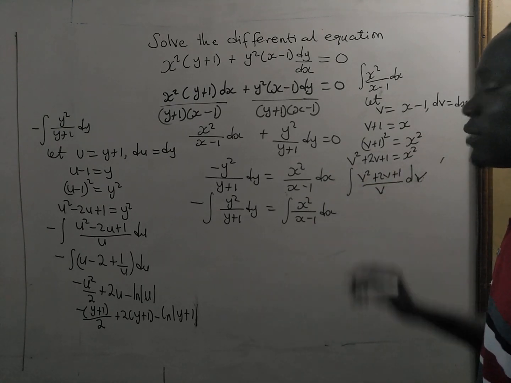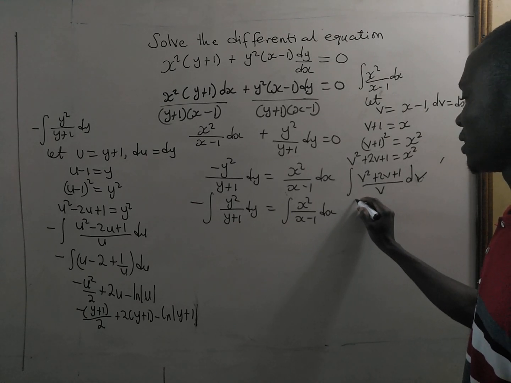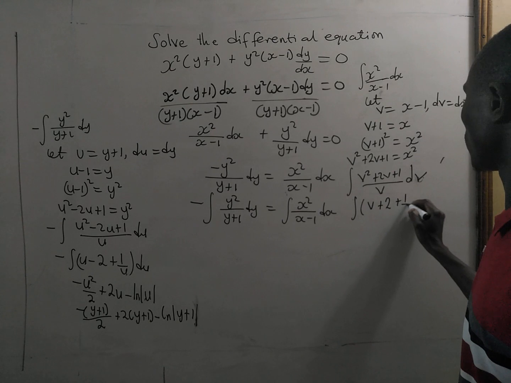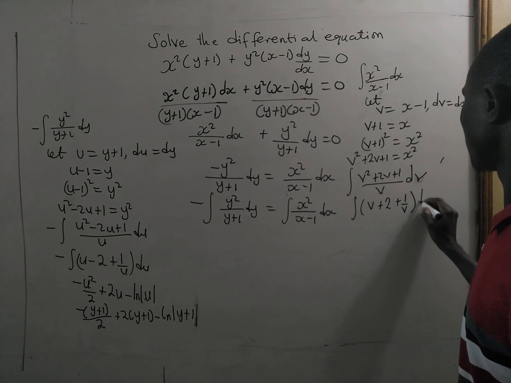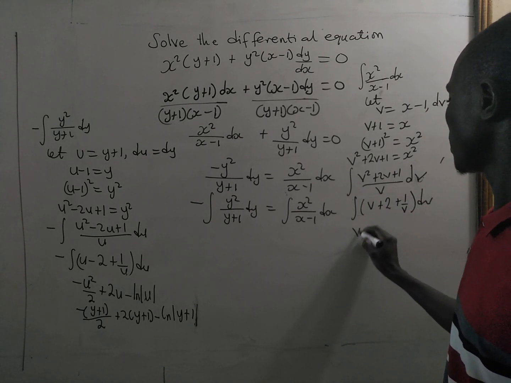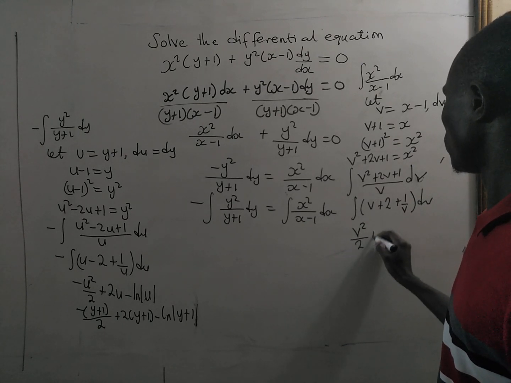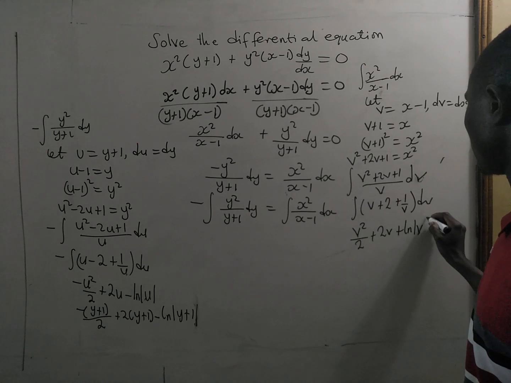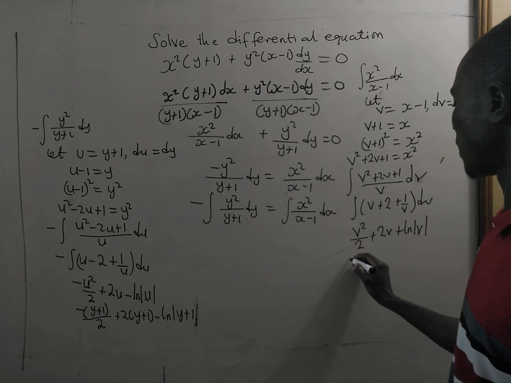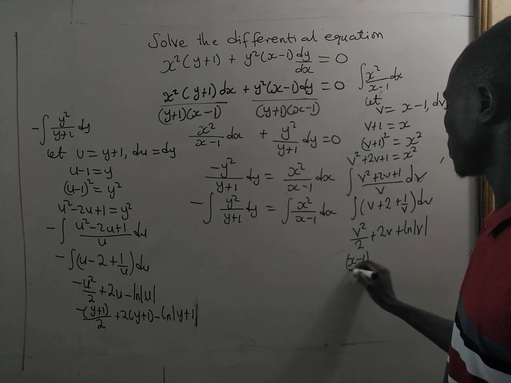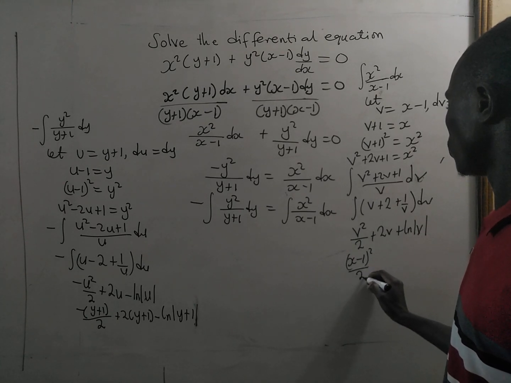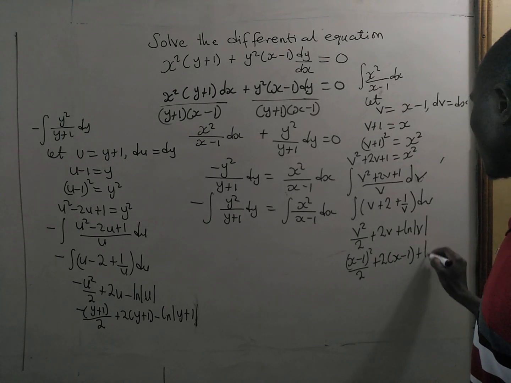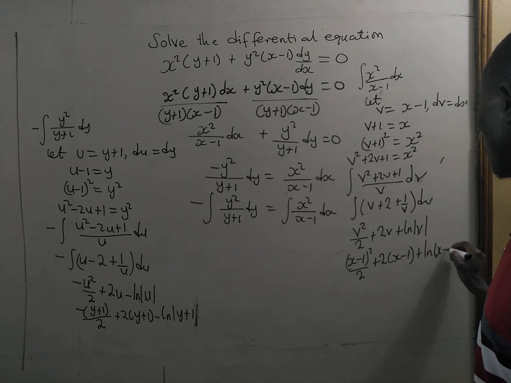So we divide each term by v, and we get the integral of (v plus 2 plus 1 on v) dv, and this will give us v squared divided by 2 plus 2v plus natural log of v. This will give us (x minus 1) squared divided by 2 plus 2 times (x minus 1) plus natural log of (x minus 1).